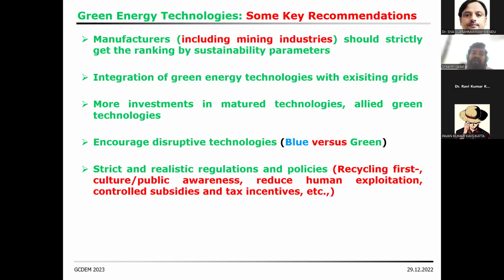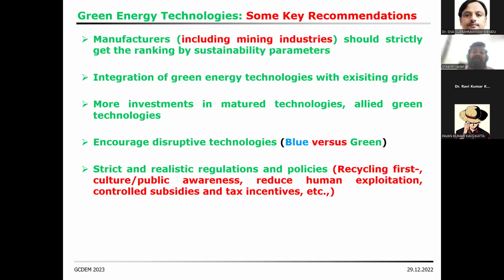And as I said, disruptive technologies. If somebody has a disruptive technology, we should encourage it. We should not say that the old technologies will be wasted. Instead, if we have disruptive technologies, a huge change, for example, blue versus green. Imagine we have a really green hydrogen technology, and in all respects, production, storage, usage, everything is green, then half of our problems related to the environment will be solved.